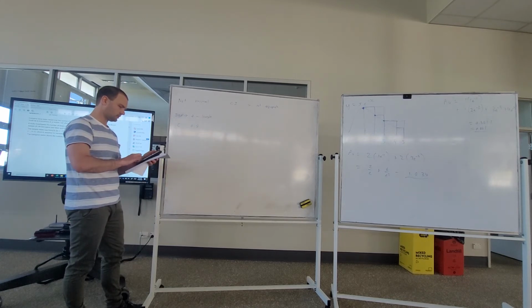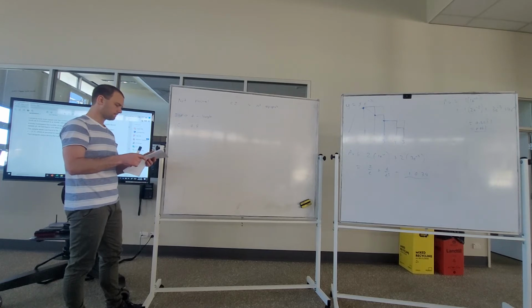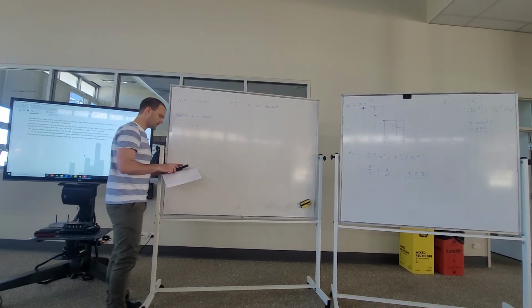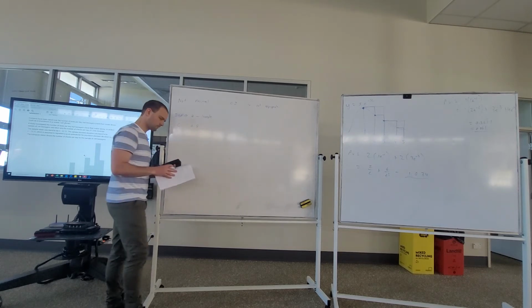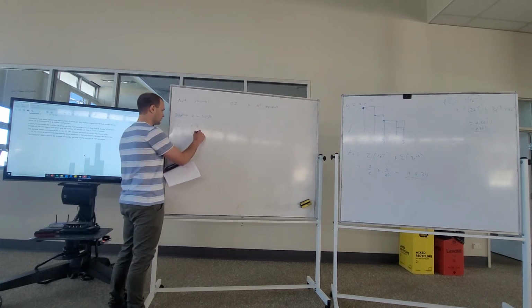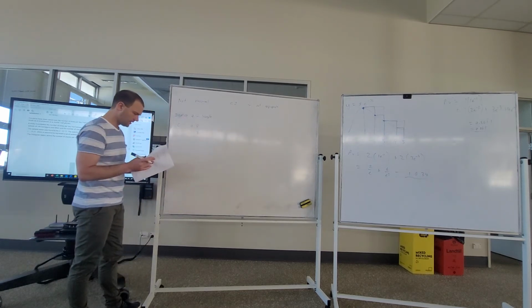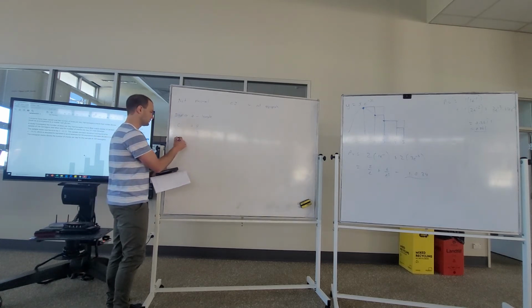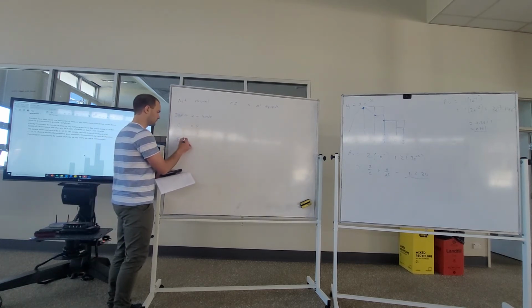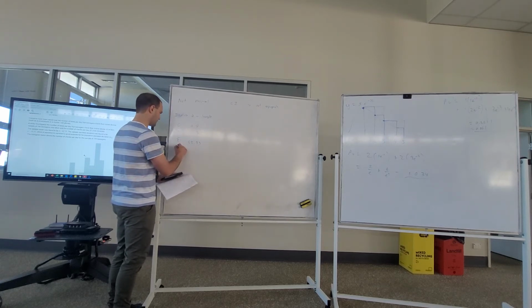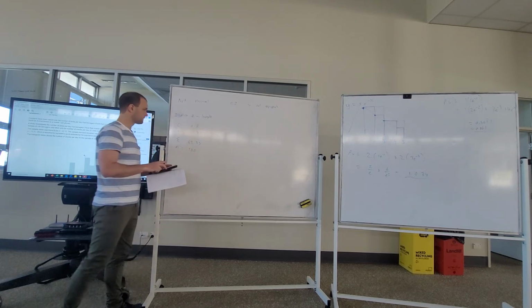We've got a standard deviation of 19.31. We've got a mean of 62.33. And we've got a sample size of 100.